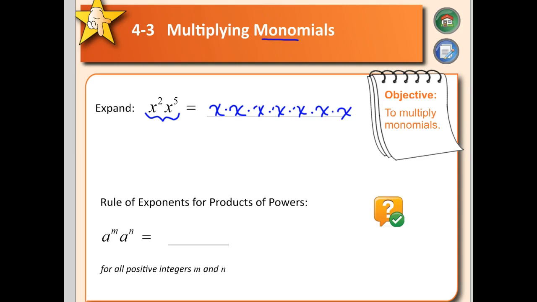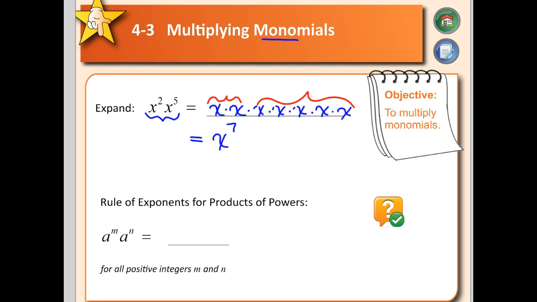So if I look there, now if I want you to put it back together, how many x's are there? That's right. This would give me x to the 7th. Okay? If you remember, this was my x squared that I expanded. This was my x to the 5th that I expanded, and now I end up with x to the 7th.